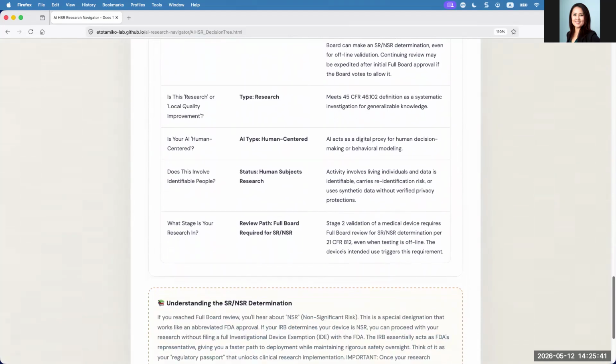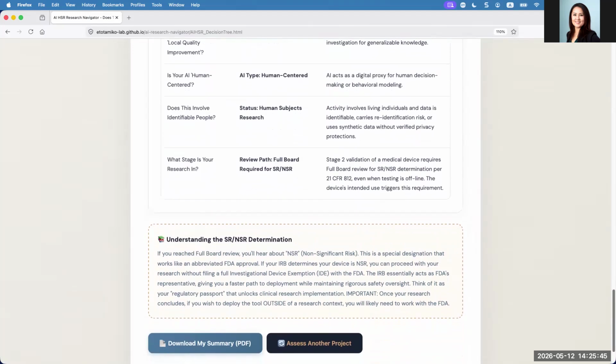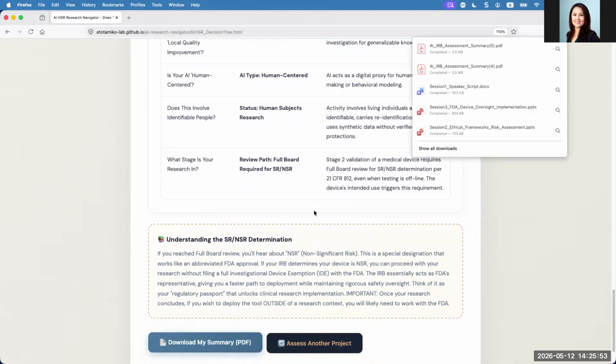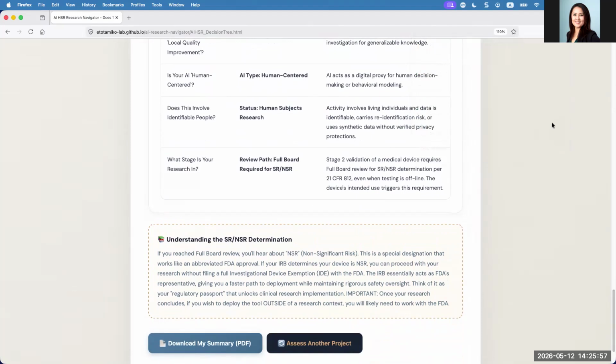And then at the very bottom, we have the NSR determination explanation. And as you can see, you can download this as a PDF so that you can upload that into your records. And so there it is.